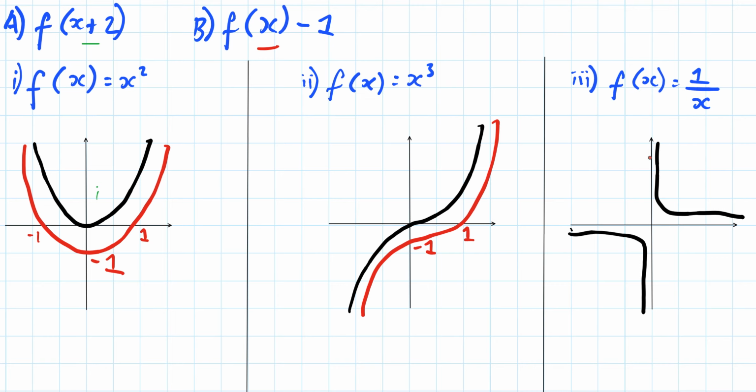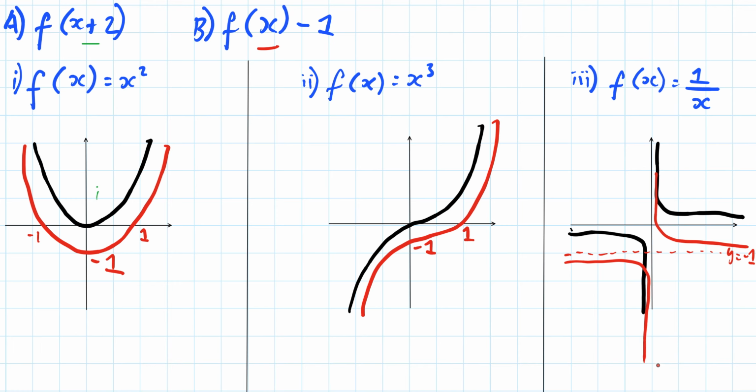And last is here. Again, it's going to affect the y-axis. So I'm going to draw my line again and show that y equals minus 1 here. It's the y equals minus 1 line. And my graphs are going to draw up, boom, like this, and like that.